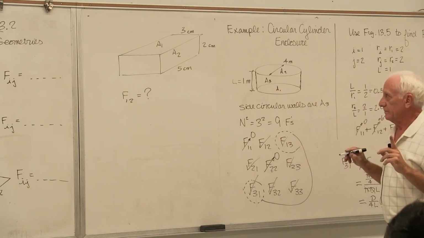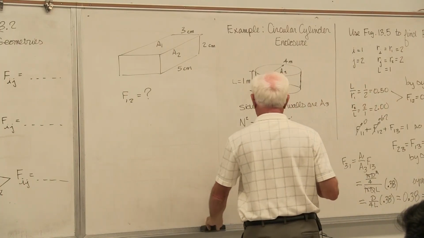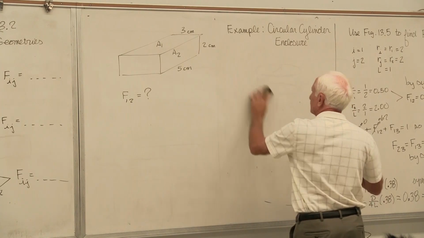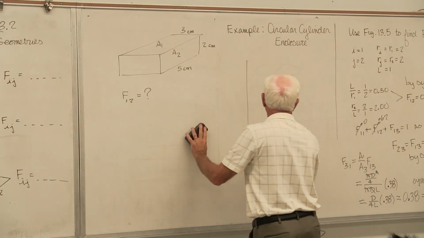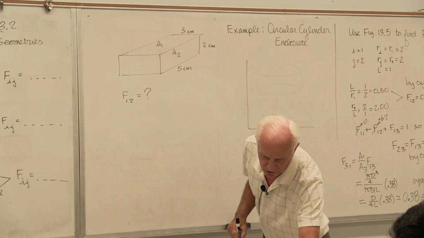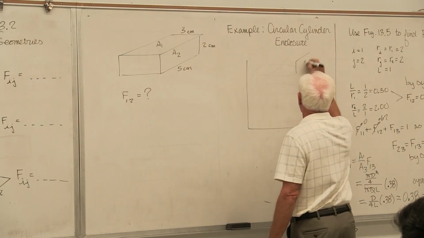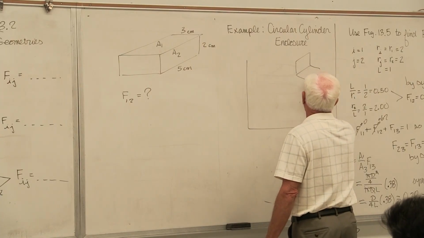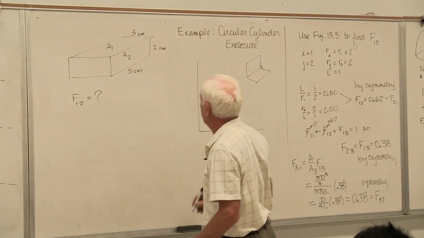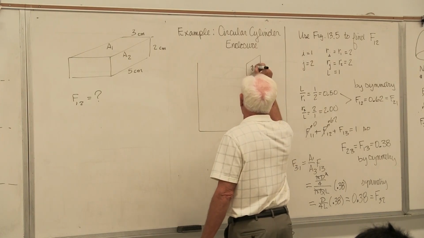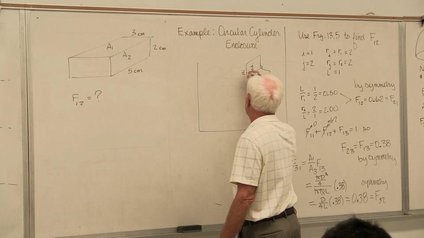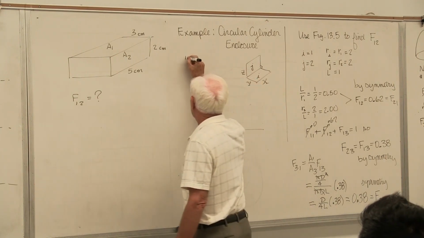To do this right, and here, let's draw the graph. Okay, so here's the graph. And we've got, okay, I'm going to draw the picture first on the graph. It looks like this. Right angle, I and J. X, Y, Z. And here's Fij.